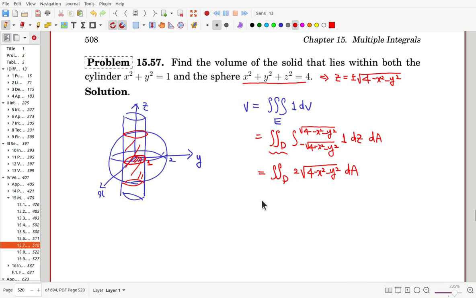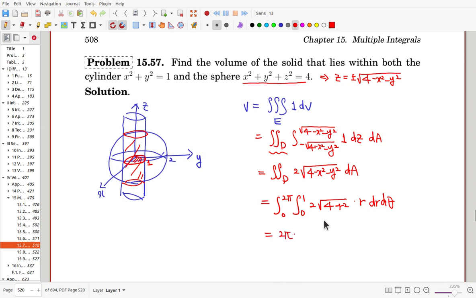Now we try to get the integral over D. D is the disk of radius 1, so theta goes from 0 to 2 pi, and r moves from 0 to 1, with 2 times the square root of 4 minus r squared, and we need the scaling factor r, dr d theta. Theta independent, so this outer integral will give the value 2 pi.